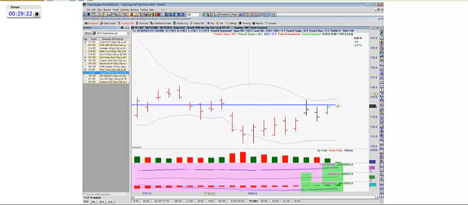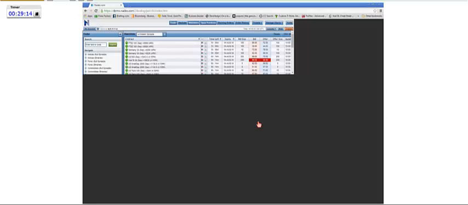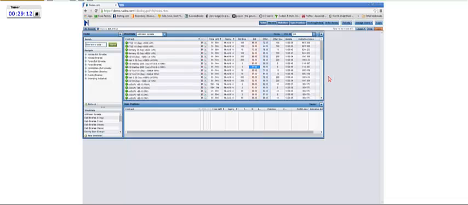All right. So let's bring up the NADEX platform. So here we have the NADEX platform, and the first one we want to look at is gold.